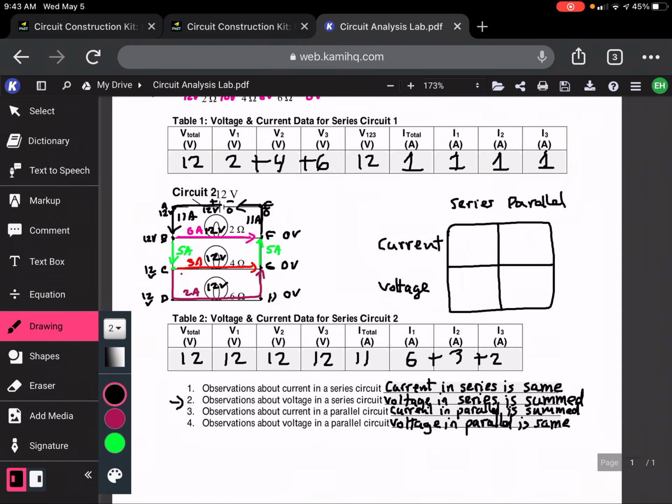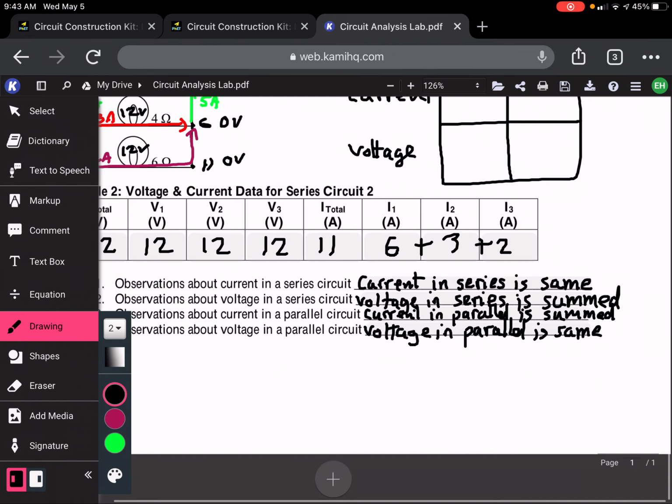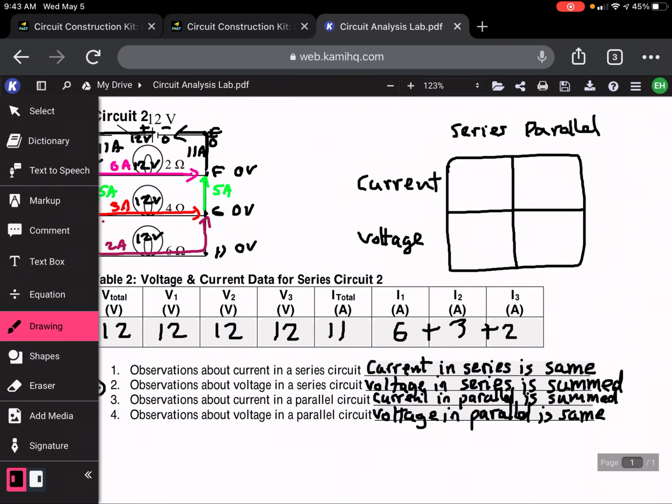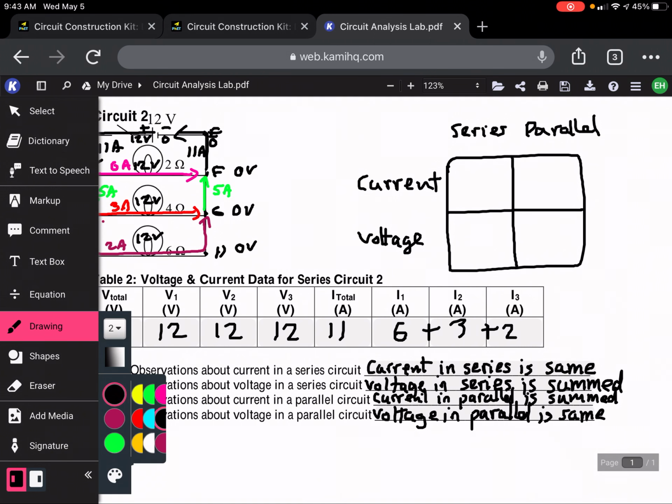So what did we learn? Take a look at the bottom summary. Current in a series circuit is the same, right? It's equal. Current in a parallel circuit is summed, right? It's added together.